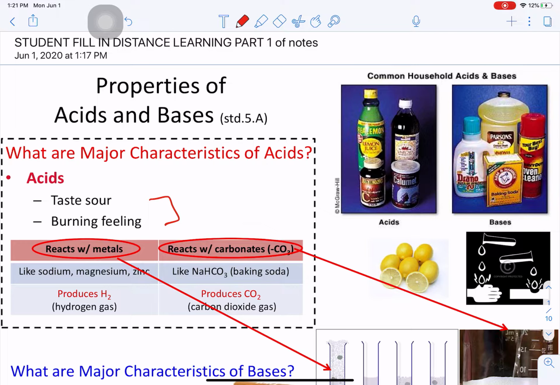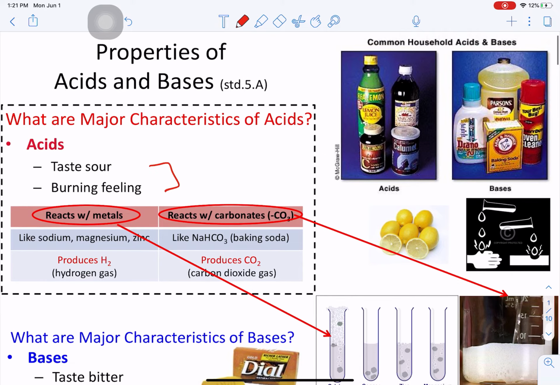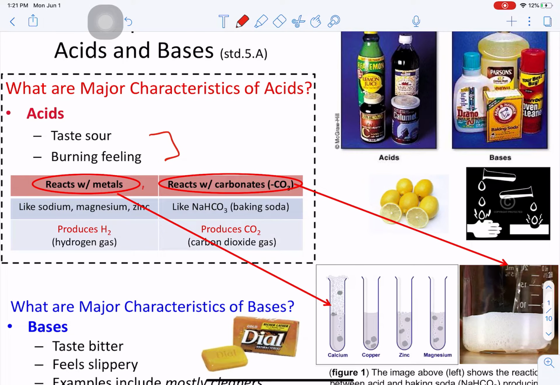Okay. Now, when any acid reacts with a metal, right here we're looking at this tab, when any acid reacts with a metal, it produces hydrogen gas. Any metal, no matter what, if you react an acid with a metal, hydrogen gas will be produced.